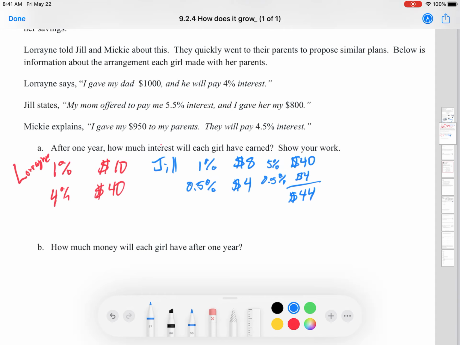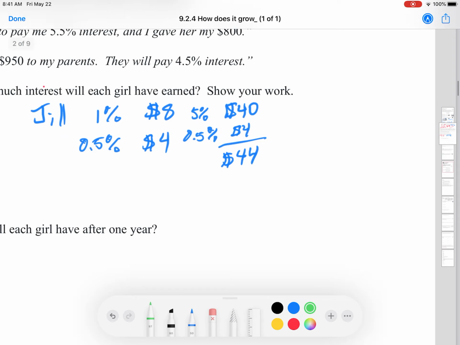With even less money. Okay, and then let's do green for Mickey. Mickey has $950, right? Hopefully I spelled that right. And that is $950 at 4.5%.